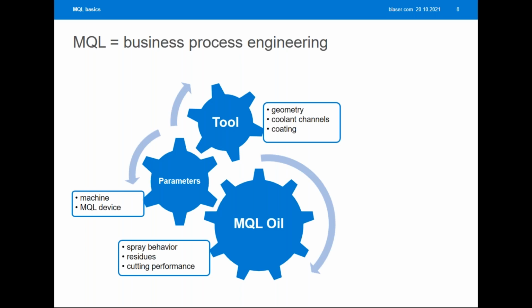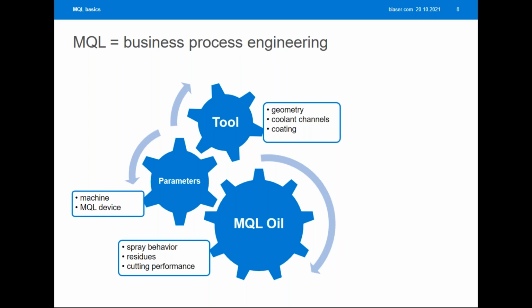And my personal approach is always to look at, if say you have a defined process and then you look at the tool, there you have a very big influence on a process with an existing machine and existing MQL device, and also look at the MQL oil. And there is no right or wrong tool or MQL oil. It's always the combination of the two defined over the parameters that make a process work.